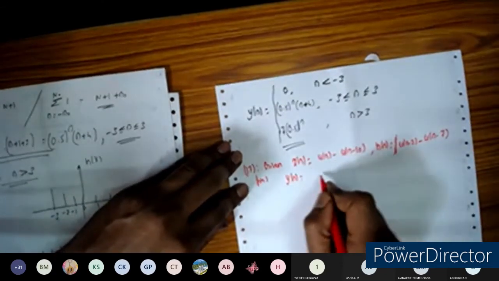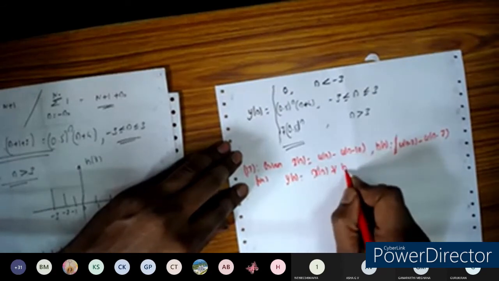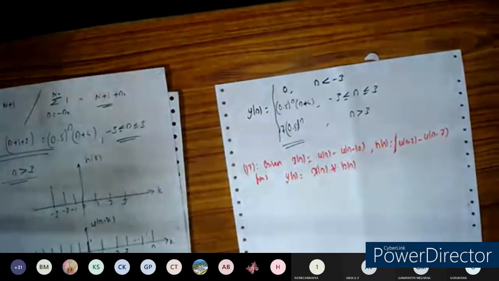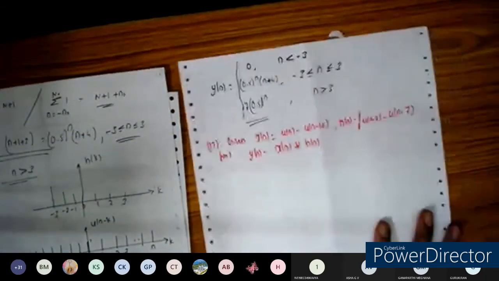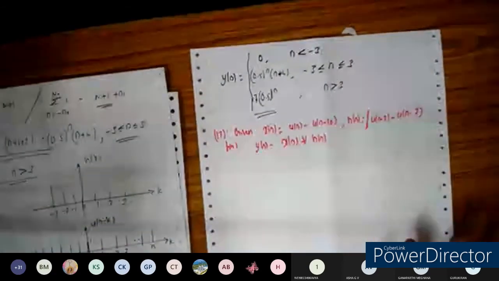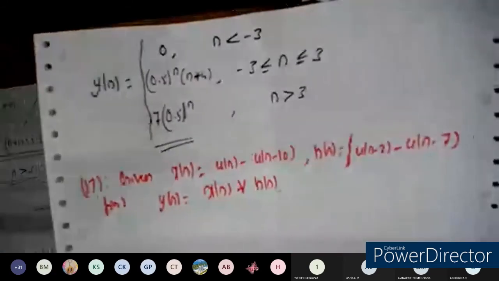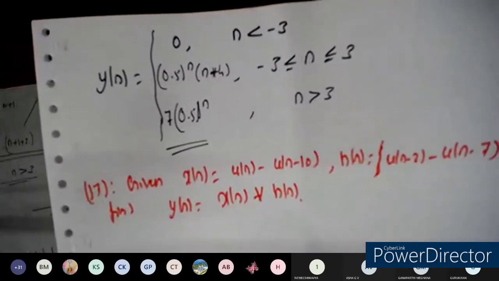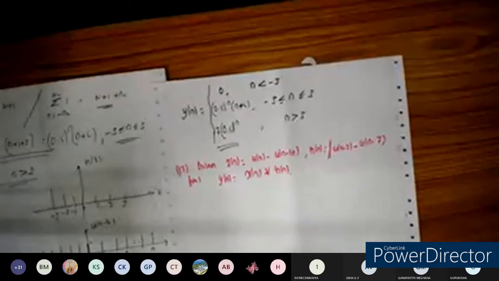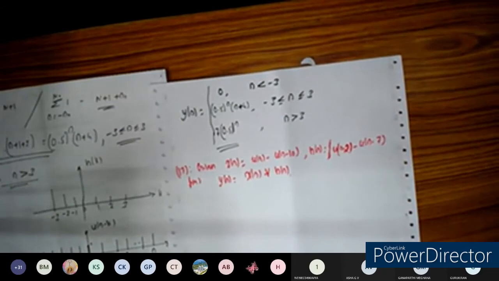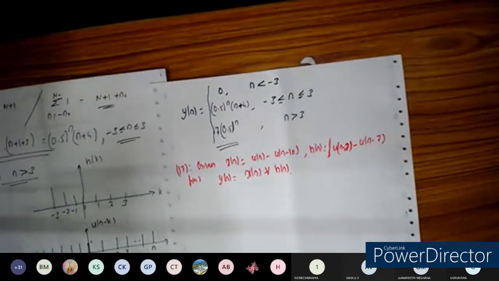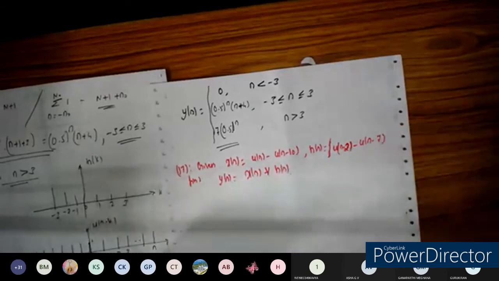Find y of n is equal to x of n convolution with h of n here.